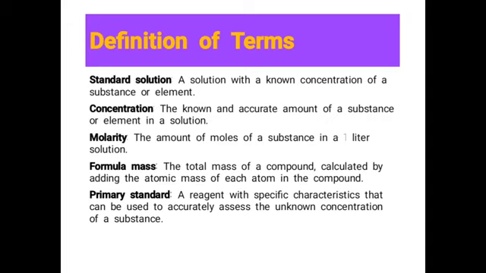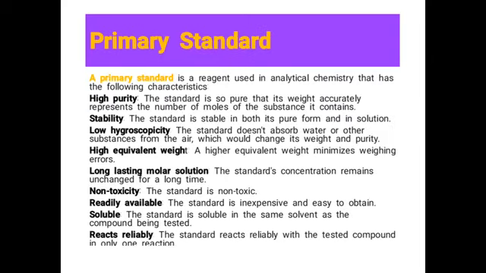Another one is to look at primary standard. A primary standard is a reagent with specific characteristics that can be used to accurately assess the unknown concentration of a substance. Very important. A primary standard is a reagent used in analytical chemistry or generally in experiments, and it has the following properties.